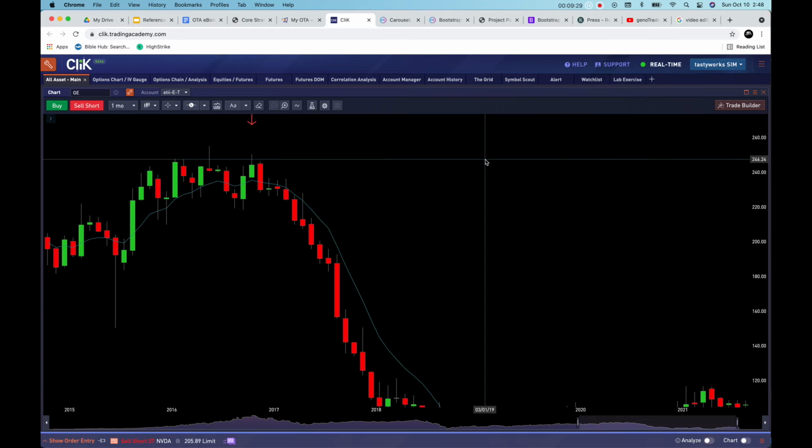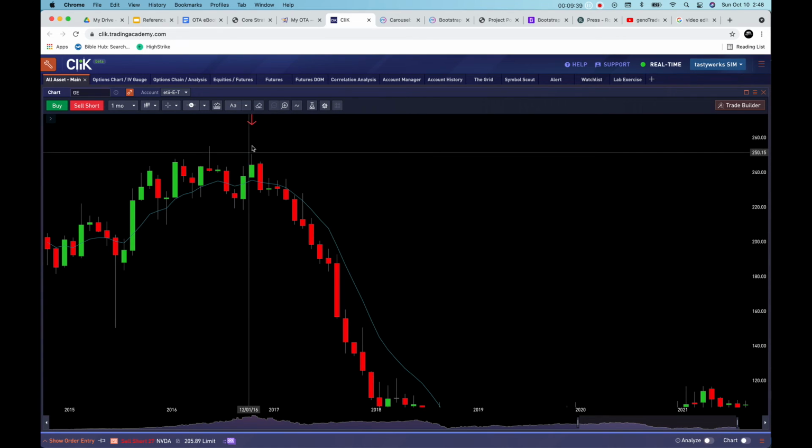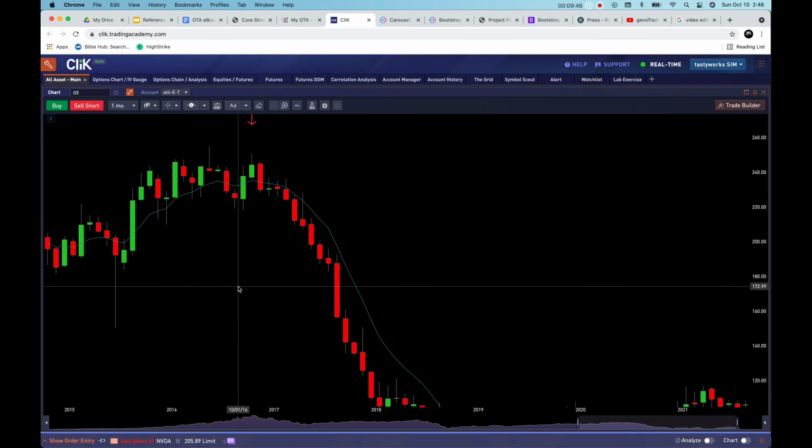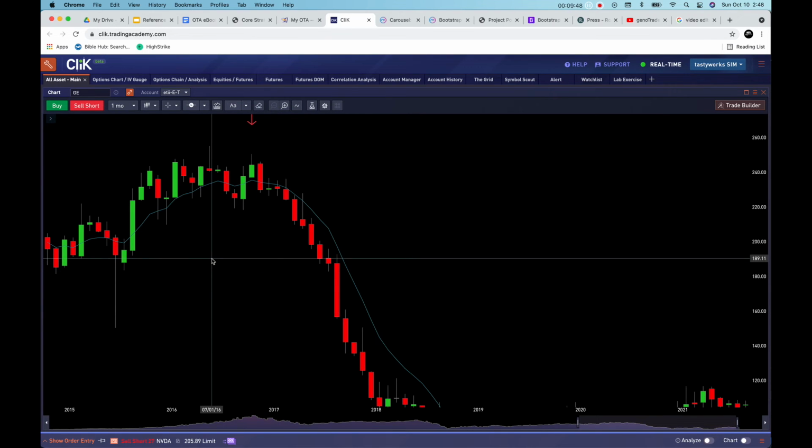All right, so this time around, you will have an opportunity to do this mostly on your own. The stock we're looking at is GE. We are on a 1-month chart, and we are looking at this formation below the red arrow between 2016 and 2017. You are going to see if you can name the formation.